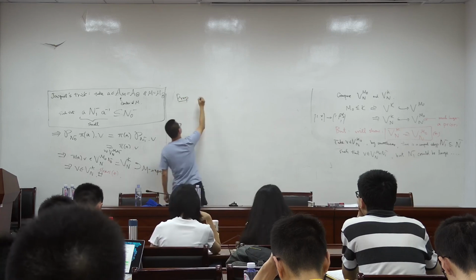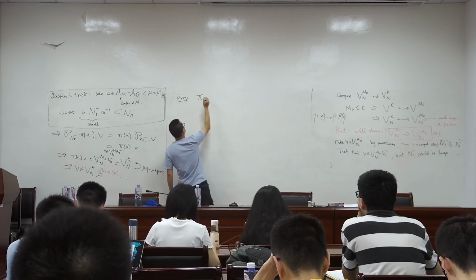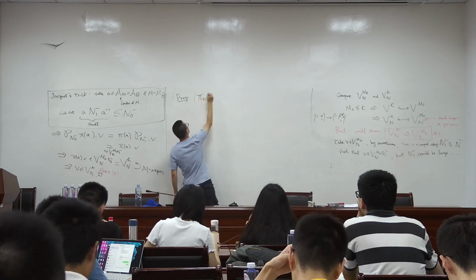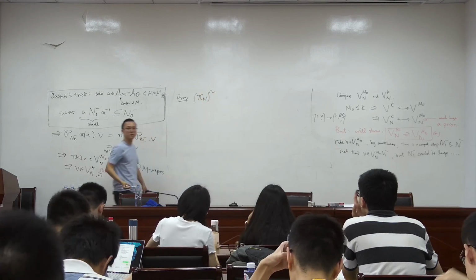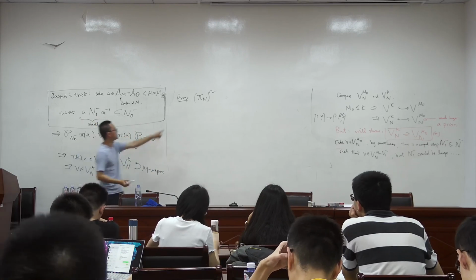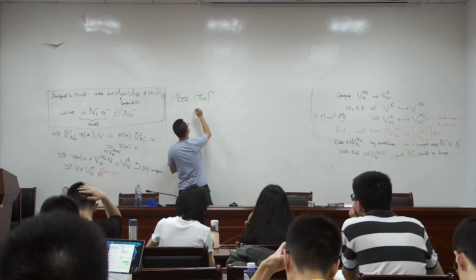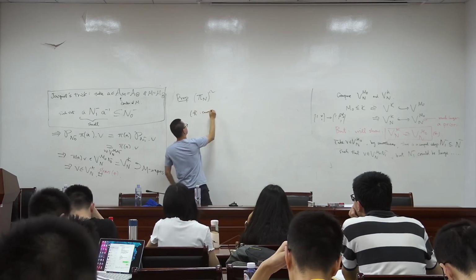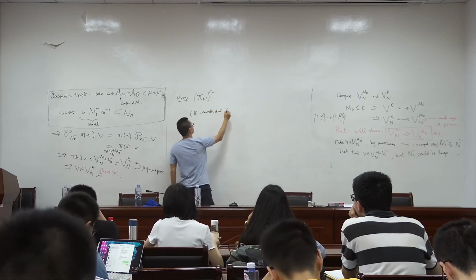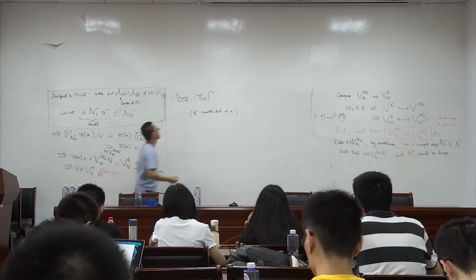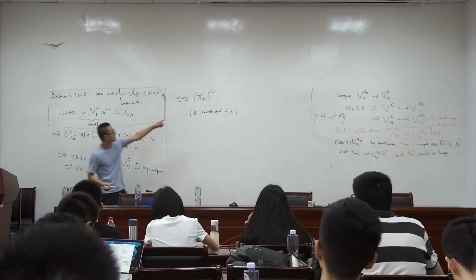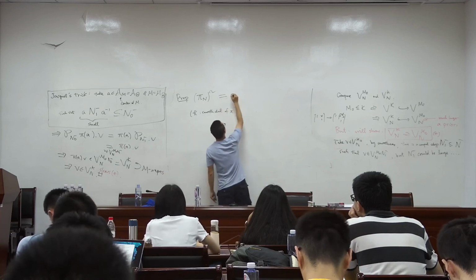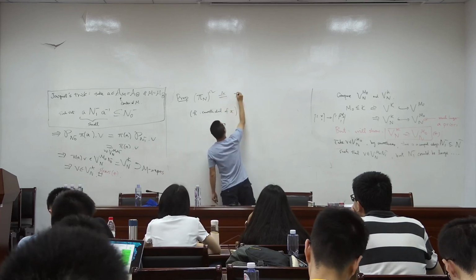So the last proposition for the Jacquet module. Now here I want to compute the contragredient of the Jacquet module. Remember pi tilde is the smooth dual of pi. What is the smooth dual of the Jacquet module?